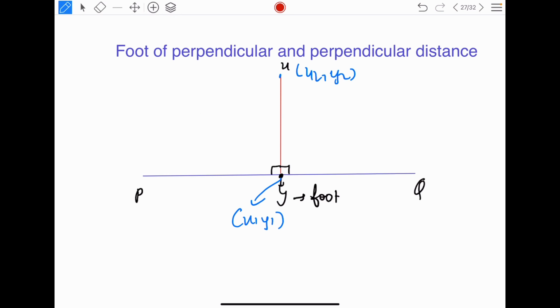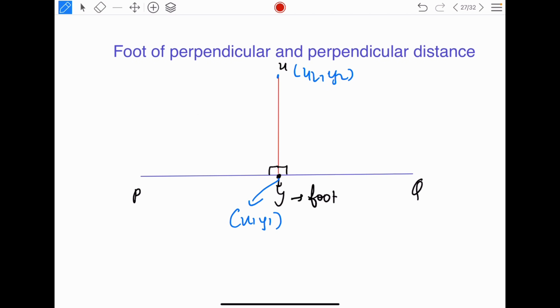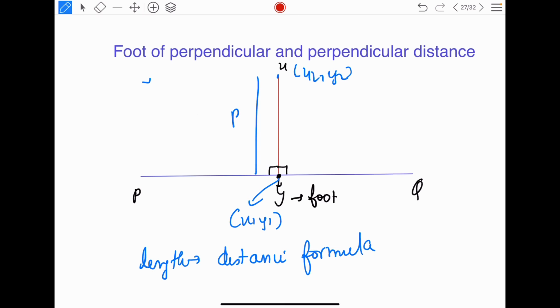You have got the coordinates of this point from which the perpendicular is drawn. How do you get the length of this perpendicular? That means the length of the perpendicular or the perpendicular distance. How do you get it? You have 2 points, the distance between 2 points, distance formula. For length you just need the distance formula, which we have done in the coordinate geometry video, under root (x2 minus x1) whole square plus (y2 minus y1) whole square.